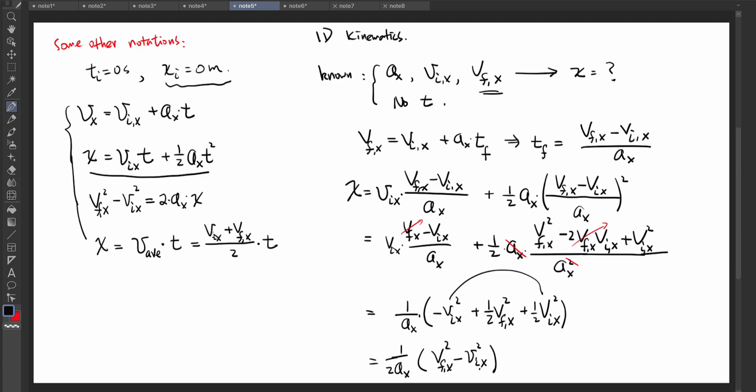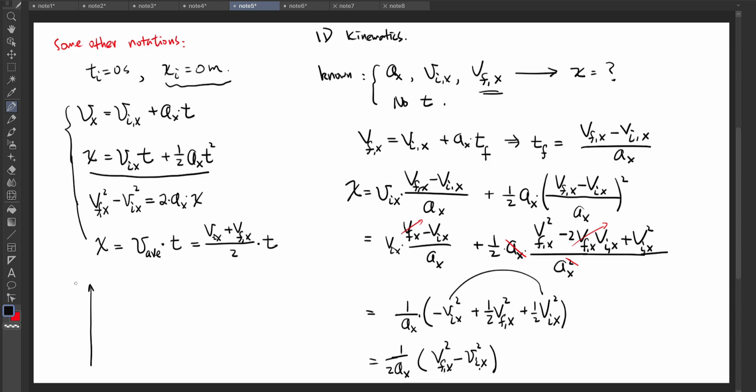So let's say you know the initial and final velocity of an object, and you know it's a constant acceleration. Then you can safely apply this equation here to calculate the total displacement x, or the final position x. The reason is the linear relation.